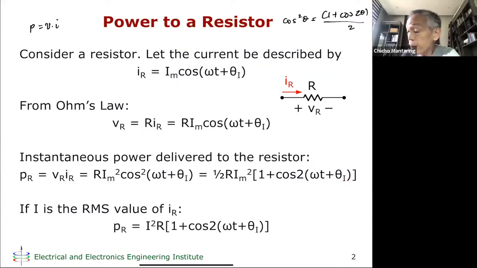And then if I convert I to RMS value, if you recall, Im is equal to I, that is the RMS value, times the square root of 2. That is, if I is the RMS value, the value of I is Im over the square root of 2. So if I convert it to RMS value, this is what comes out. So this is my final expression for P of r.